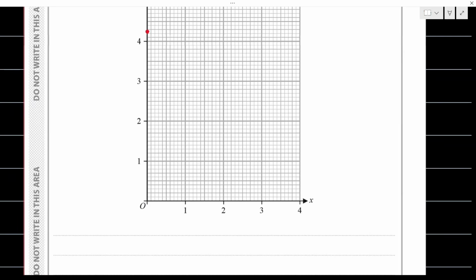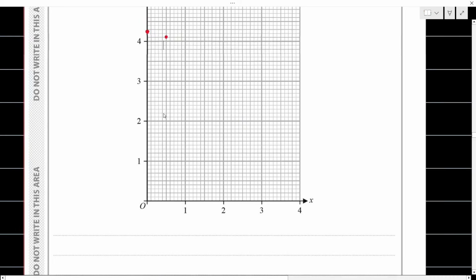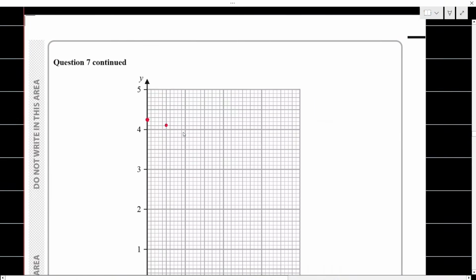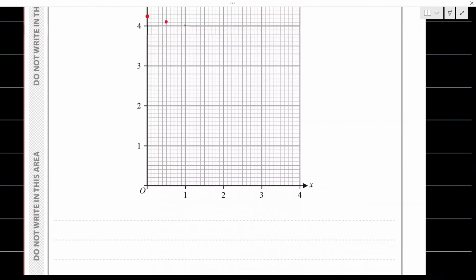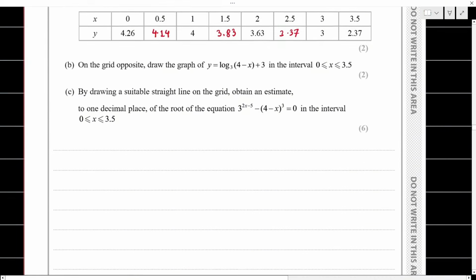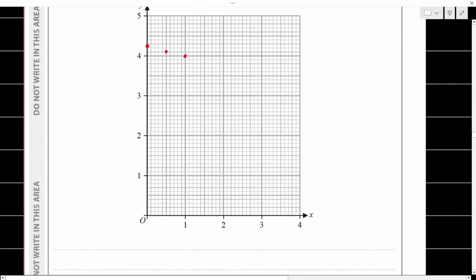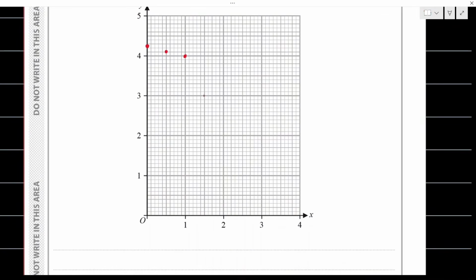So x equals 0.5 and y equals 4.14 would be here. Then the point 1.5, 3.83 would be here.